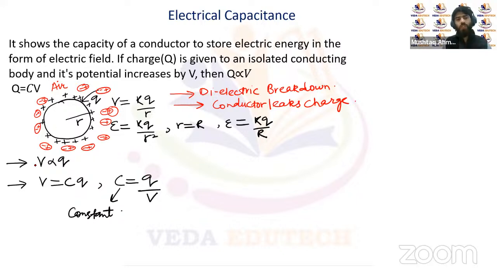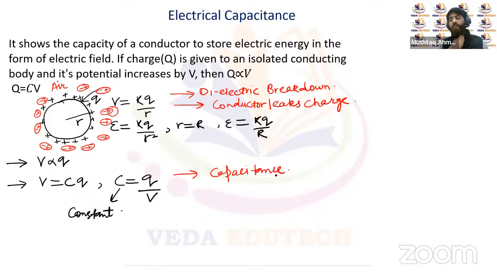Now let's suppose Q charge has been supplied and dielectric breakdown has not taken place. Then the charge Q supplied per unit potential, there will be a potential on this surface, and the charge per unit potential we call capacitance, right?